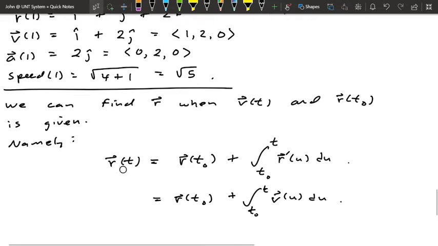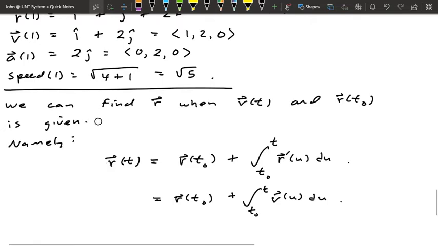So in particular, if you apply this formula to the case where you let r be a velocity function of some other function, that would say you can integrate the acceleration to get the velocity.